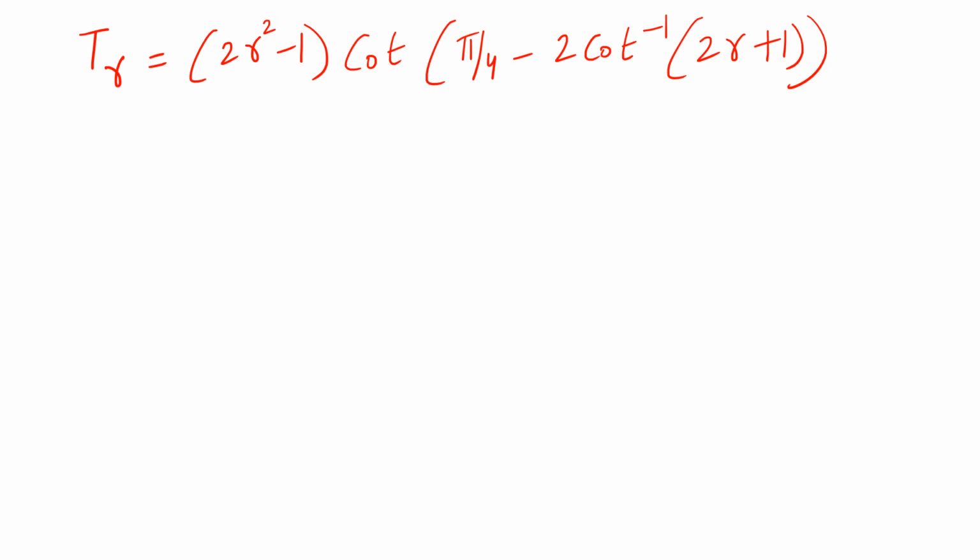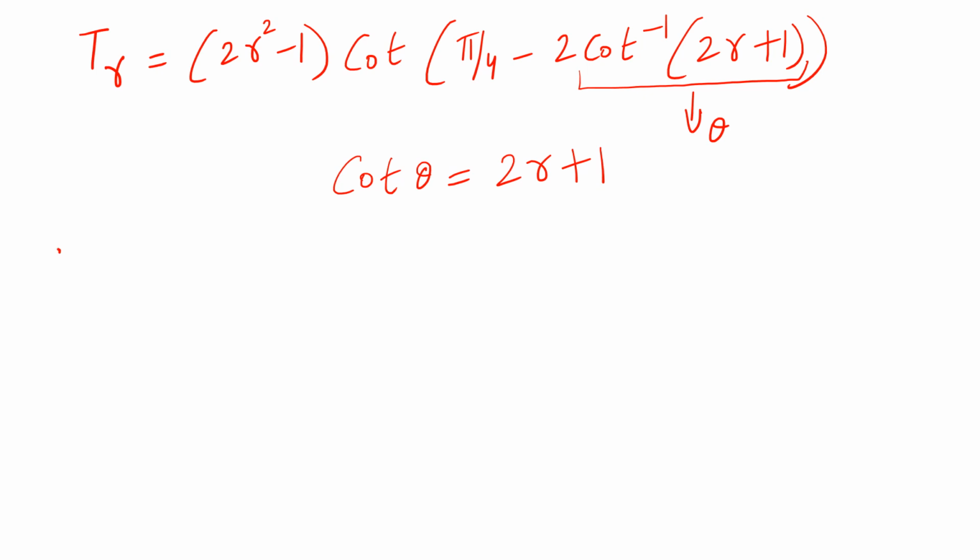Now students, whenever you come across any function that involves a trigonometric function as well as an inverse trigonometric function, always substitute the inverse trigonometric function as theta. Here I am substituting cot inverse (2R plus 1) equal to theta. So that means cot theta becomes equal to 2R plus 1. And remember that here 2R plus 1 is a positive quantity.